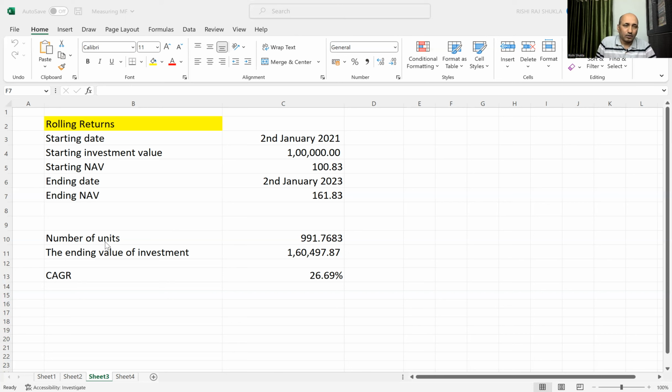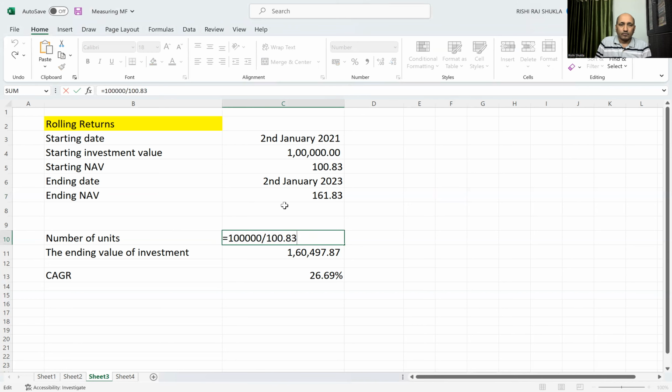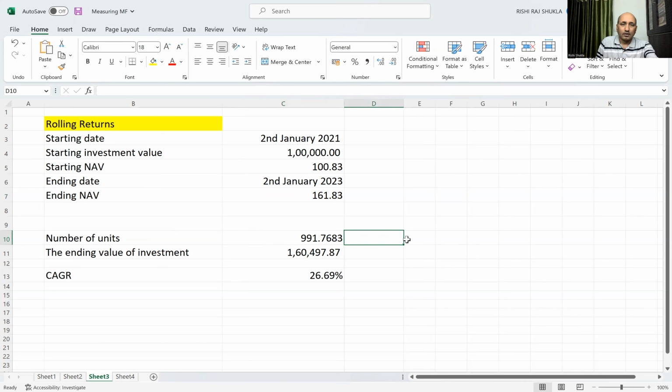First of all, let us find the number of units, how many you were allotted in the beginning itself. You can see this 1 lakh, this amount divided by this NAV or unit price of a scheme, 100.83. So you will get allotted 991.7683 units. Now the ending value of the investment.